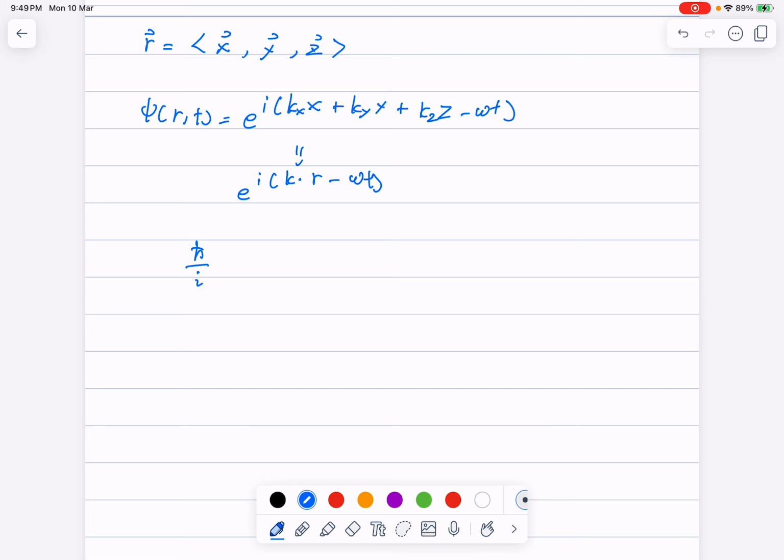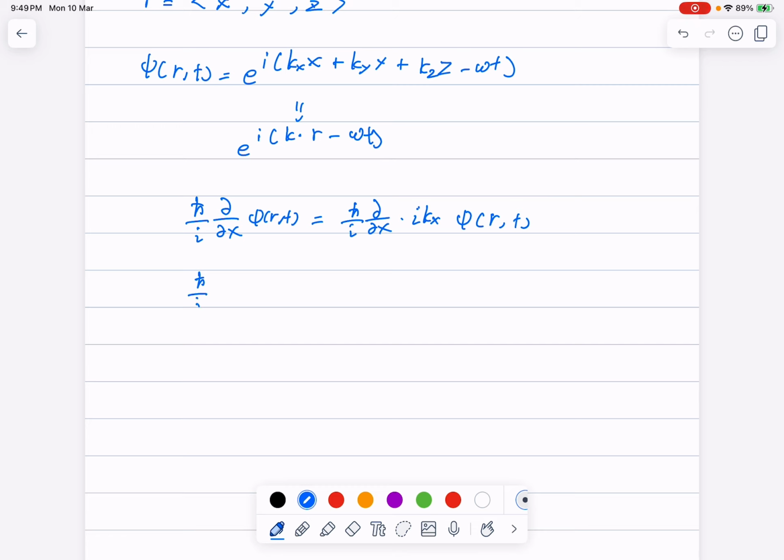We have h bar over i partial derivative with respect to x, and when we apply that to the wave function, which right now is a function of r, we get h bar k_x times psi(r,t).